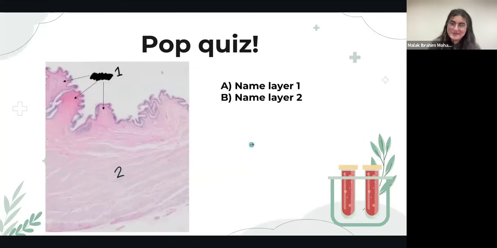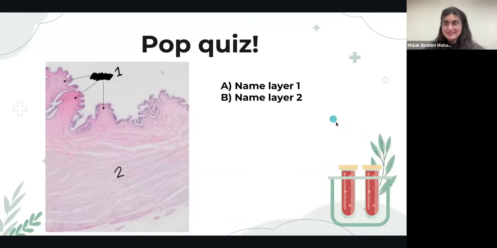Okay, can you guys answer this one? This one doesn't have the answer. Yes, you're right. But what is the name of the muscle? Yes, exactly. Good job. Okay.